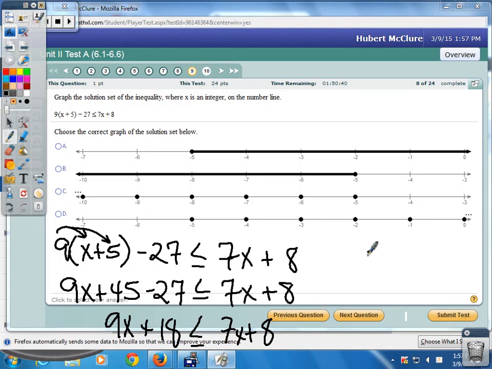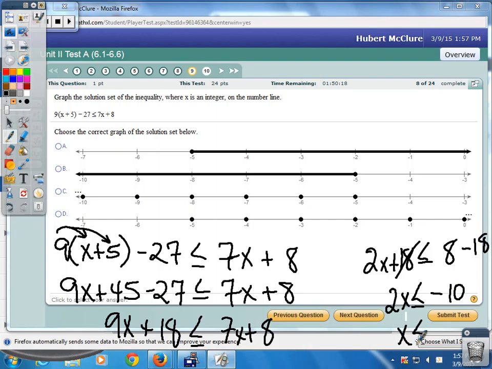Take it over, you get 2x plus 18 is less than or equal to 8. Did I change something again? Yep, I sure did. Minus 18. So 2x is less than or equal to negative what? 10. x is less than or equal to negative 5.